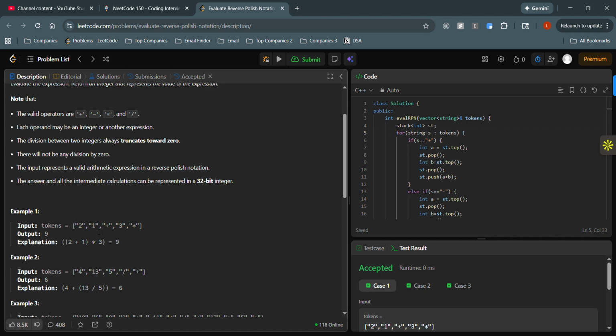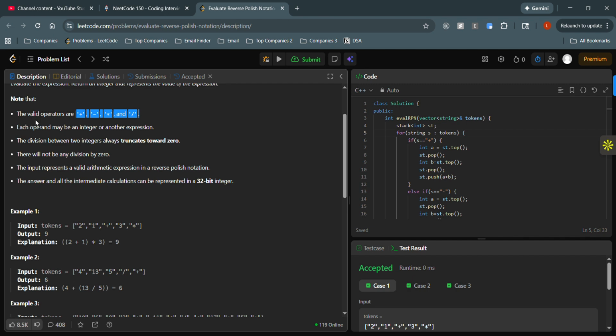Another integer, we push it in our stack, and then if we see an operator, either of these values, then we know that we need to perform this operation among these two operands. So we do that necessarily. Then we again store the result and push it back to the stack. Then similarly we go on until we are left with nothing.